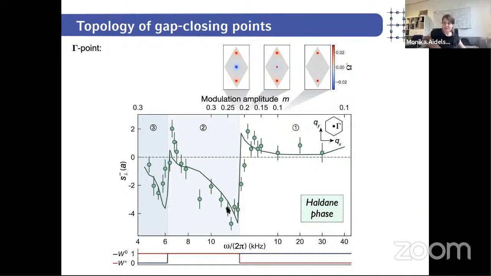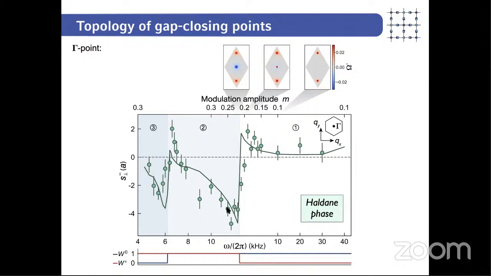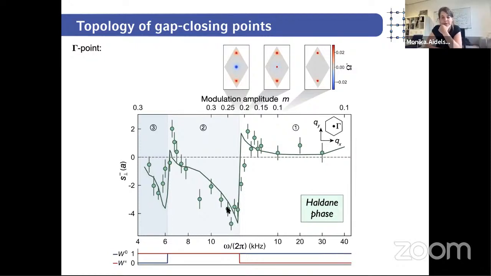Yeah, so it's definitely not easy, in particular because in this particular machine we don't have a quantum gas microscope. We have a good resolution of around 1 micrometer, which is a few lattice sites.